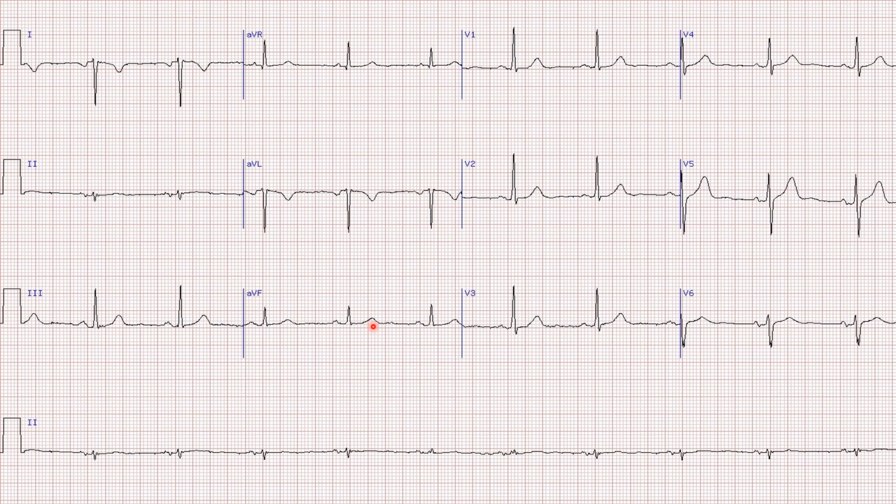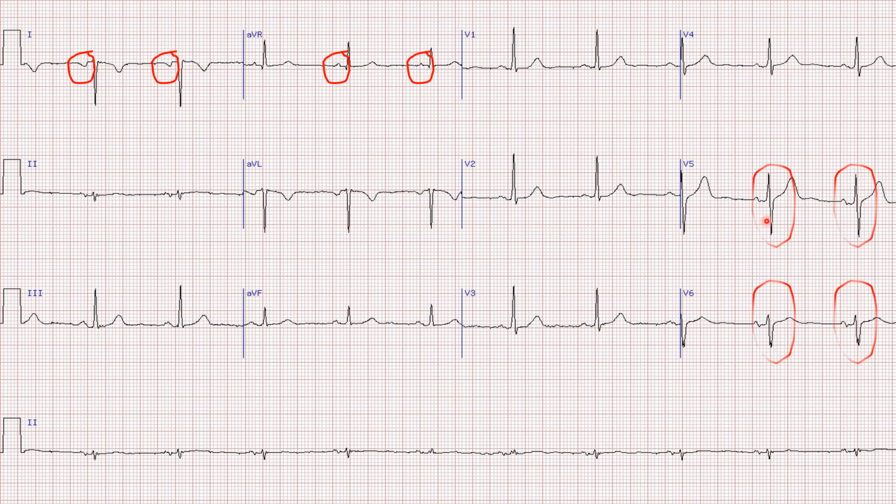So here is the summary of the ECG that you were provided. The ECG that you were provided shows what looks like a right axis deviation and big R waves in lead V1, which goes along with right axis deviation and right ventricular hypertrophy. Except the P waves in lead 1 are negative and the P waves in lead AVR are positive, which goes against just right ventricular hypertrophy or right axis deviation.